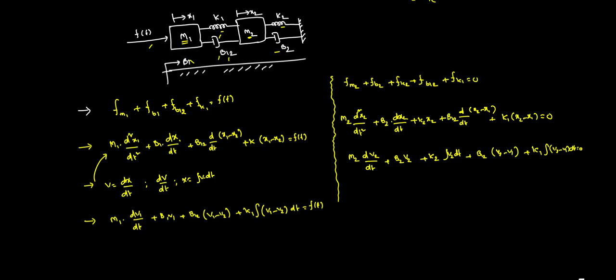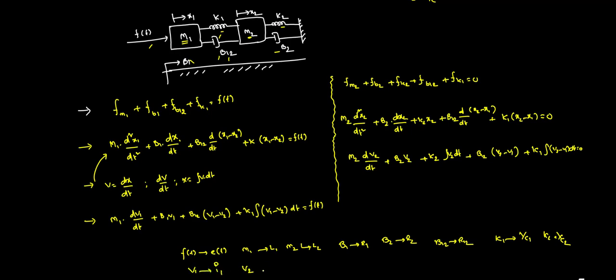So from our earlier analysis, f of t is equal to generally the force that we are applying. m1 is L1, m2 is L2, b1 is R1, b2 is R2, b12 is R12, the resistance between 1 and 2, k1 is 1 by C1, k2 is 1 by C2, and the velocity v1 I am writing as I1, velocity v2 I am writing as I2.